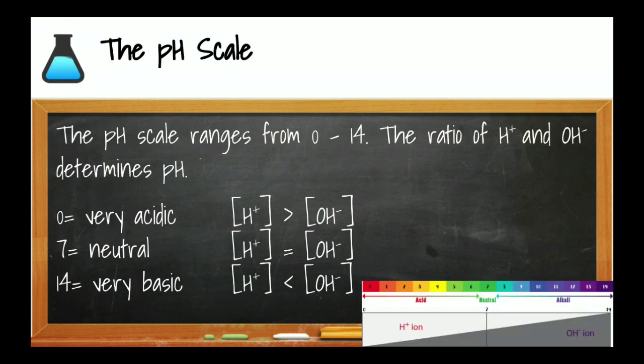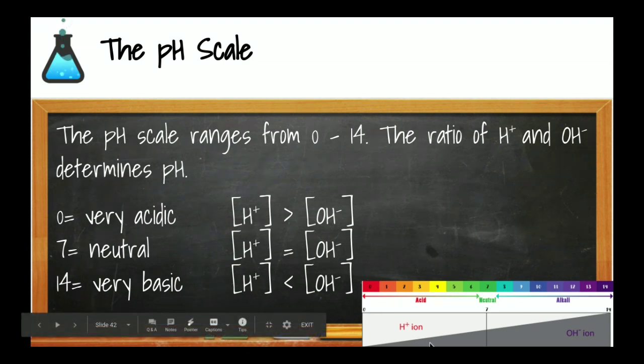Also, as a review, remember that any substance that has more hydronium ion than hydroxide ion is considered an acid. You can see from this chart here that solutions at all pHs have both hydronium or hydrogen ion and hydroxide. As we increase the pH, the amount of hydrogen or hydronium ion is decreasing.